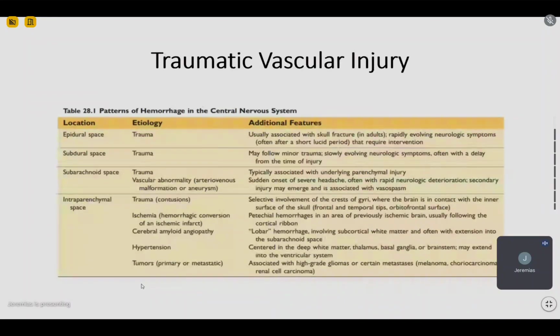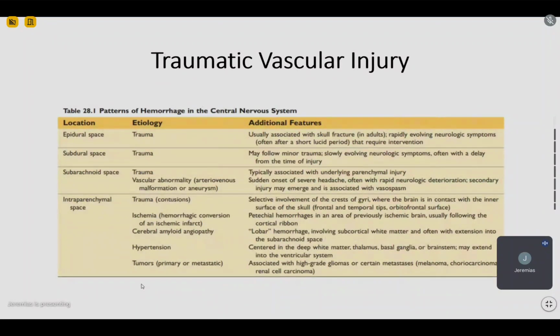Vascular injury in general is a frequent component of CNS trauma. Vascular injury results from the disruption of the vessel wall and leads to hemorrhage in different anatomic sites.